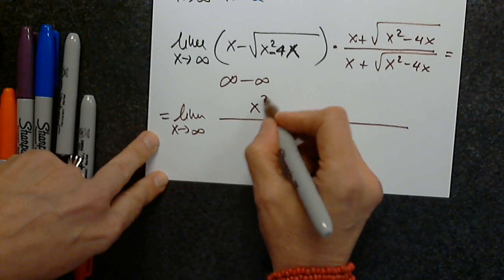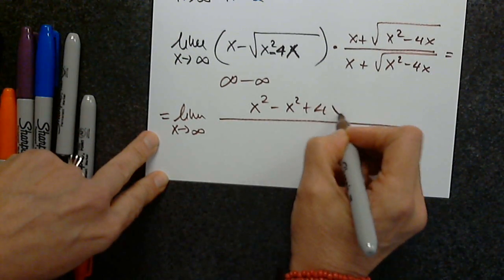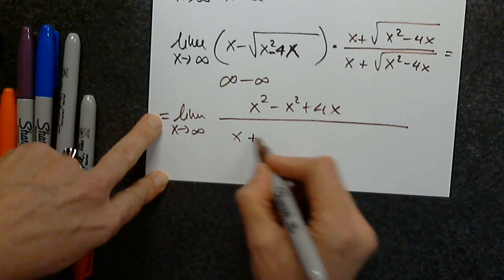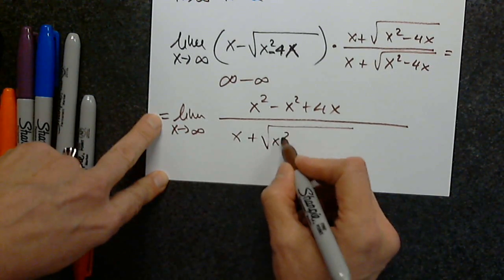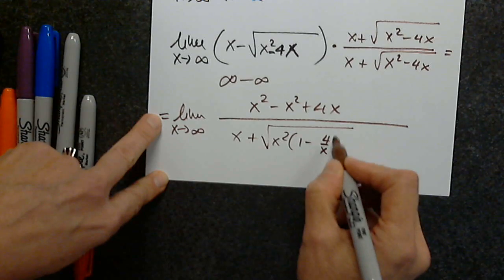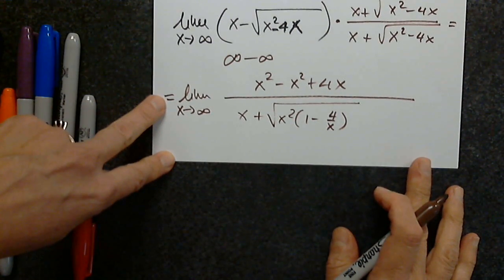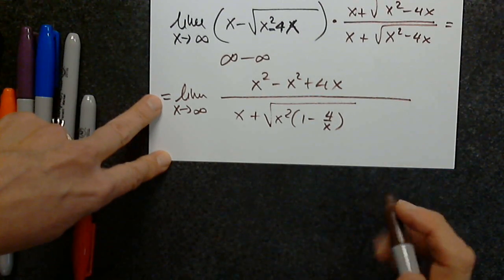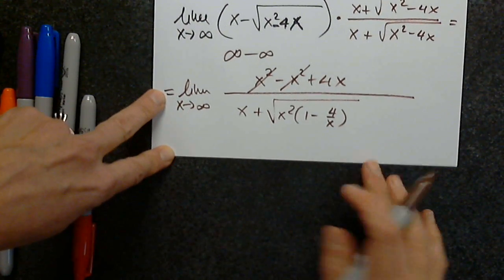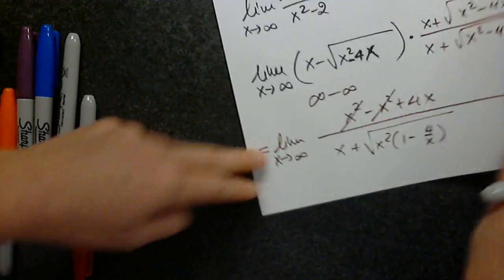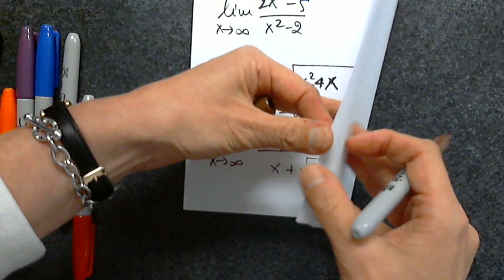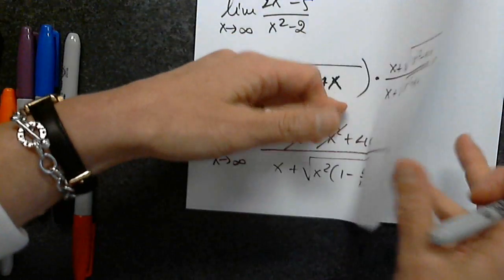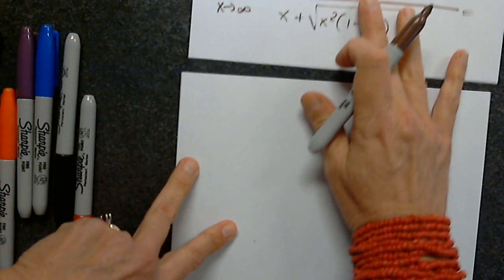Okay, so this is basically x squared minus x squared plus 4x over x plus the square root of x squared times 1 minus 4 over x. So far, so good? Are you with me, everyone? Okay, these two go away. Luckily, x approaches infinity, so the square root of x squared will be simply x.